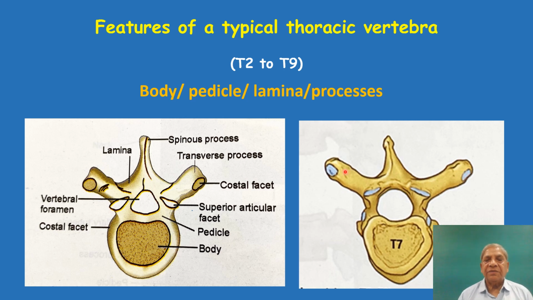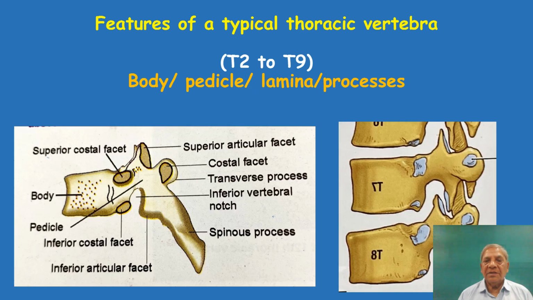Then another question will be there on the basis of what structure we see on the lateral surface of the typical thoracic vertebra. See, this is a typical thoracic vertebra, and here you are seeing it from lateral surface. The striking feature, you tell to your examiner, I have told this vertebra as a typical thoracic because it is showing the two facets at the superior border of the body and at the inferior border of the body.